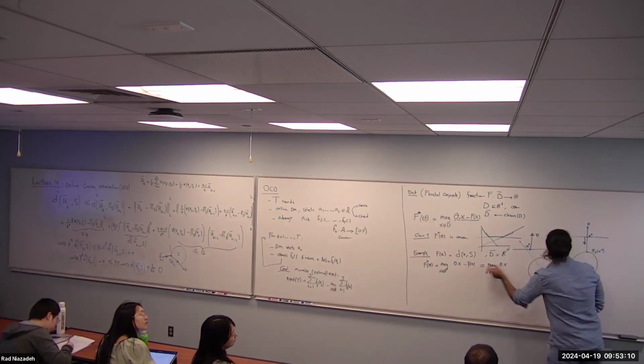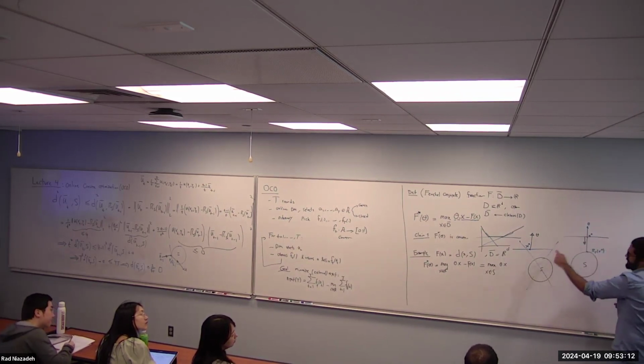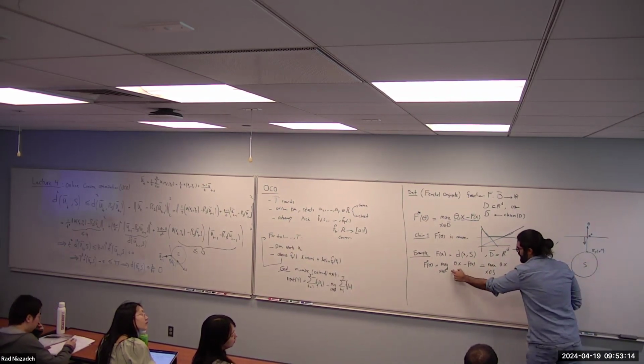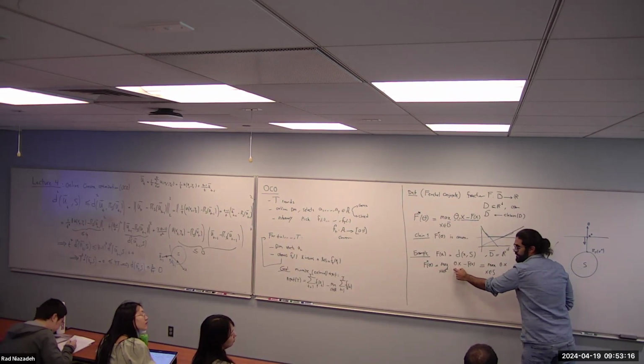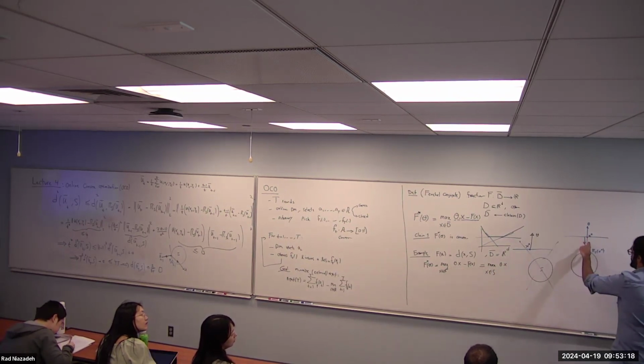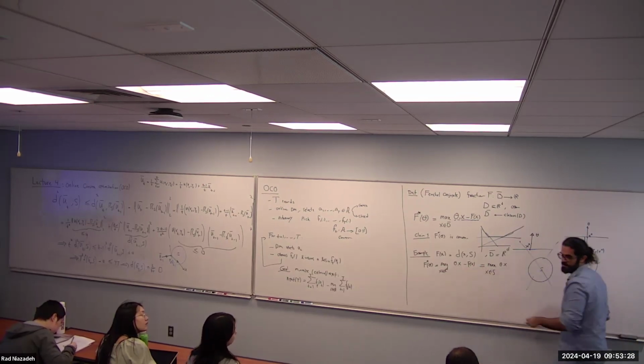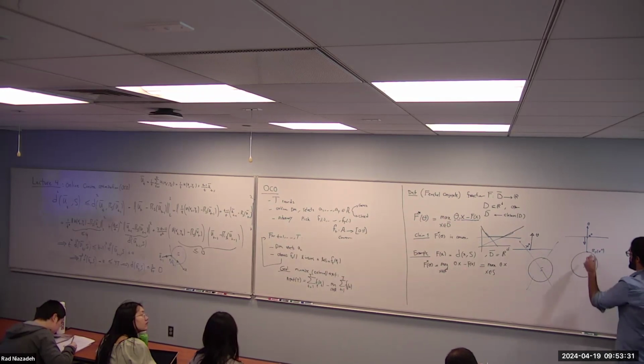Because if I move by delta, this thing is going down by theta dot product delta, and the distance is going to go down by delta dot product theta if I move along just this direction. Therefore, this does not change. So as a result, I can always claim that there is an optimal solution on S.